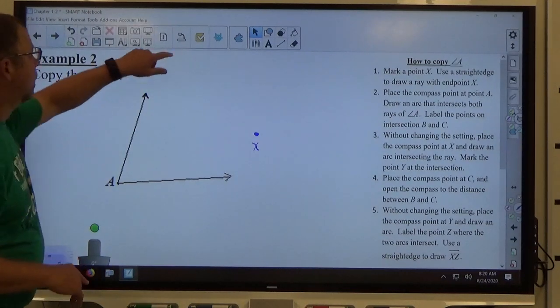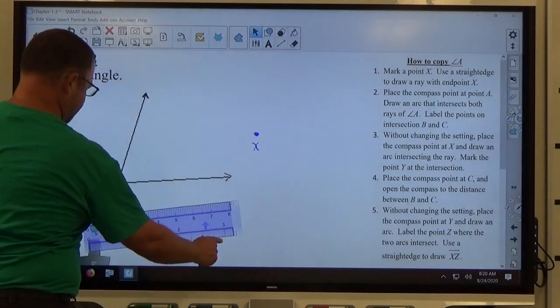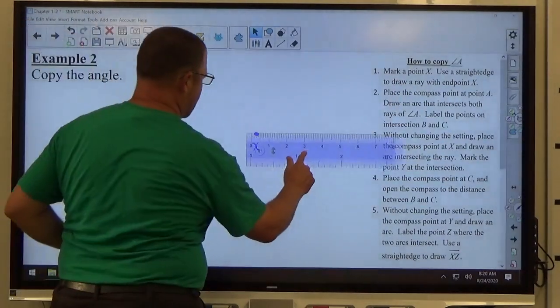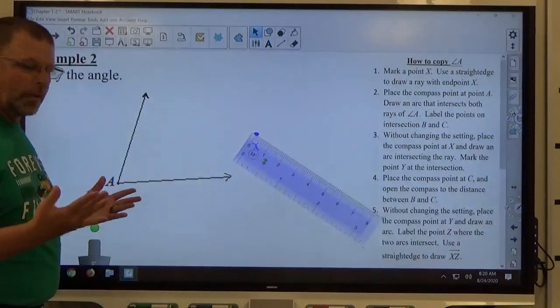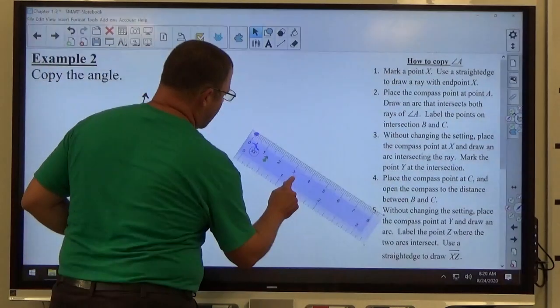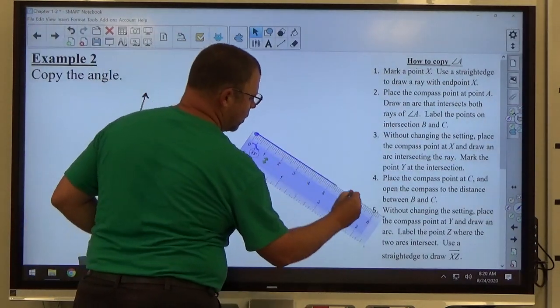So let me just point this out. Suppose I have my ruler here, and let's say I want my angle to go this way. It doesn't matter what way my angle goes. So I want to draw a ray off of X, so I'm going to go like so.